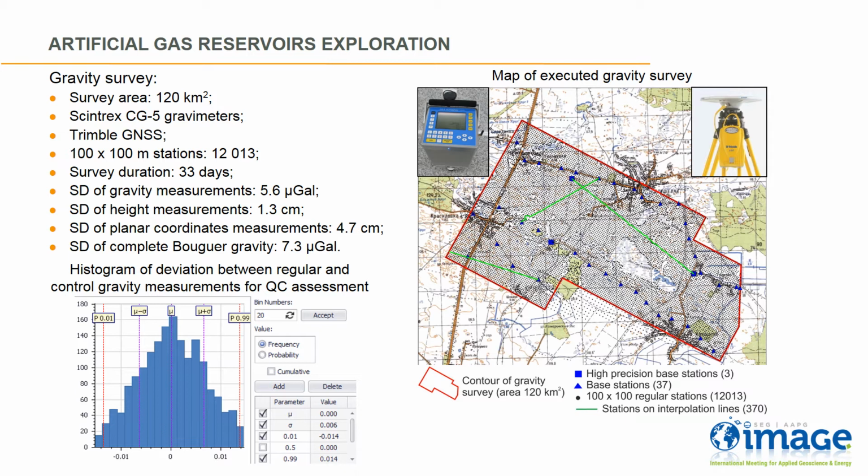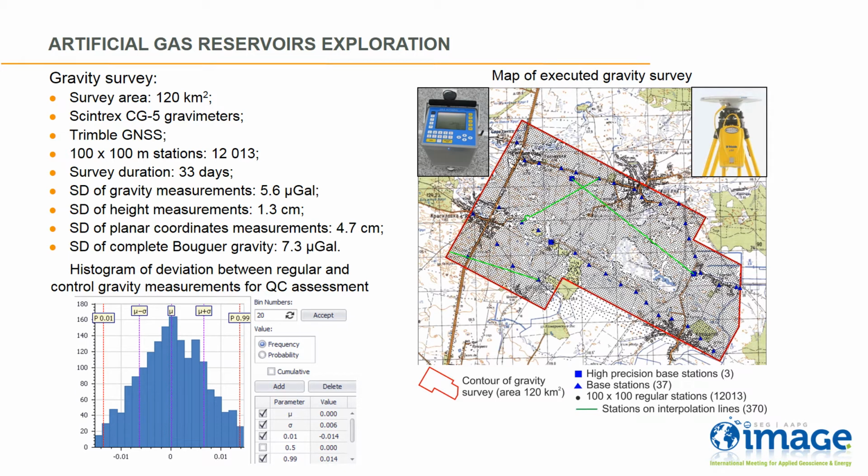Strict observance of field survey standards and effective quality control gives an opportunity to get measurements of gravity with standard deviation 5.6 microgal and height measurements with standard deviation 13 millimeters.